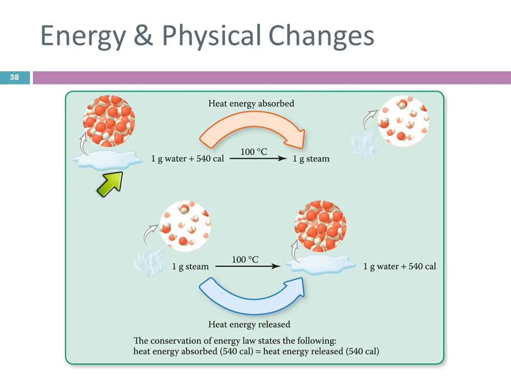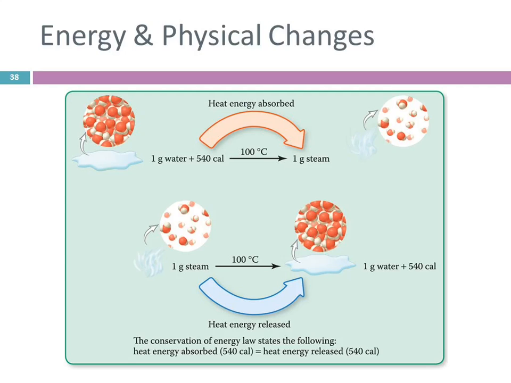The amount of heat needed to vaporize or transform 1 gram of water from a liquid to a gas is 540 calories. So that's energy absorbed by the water to become the steam. If we take that 1 gram of steam and want to cool it down to form 1 gram of liquid water, it will release that same amount of energy.